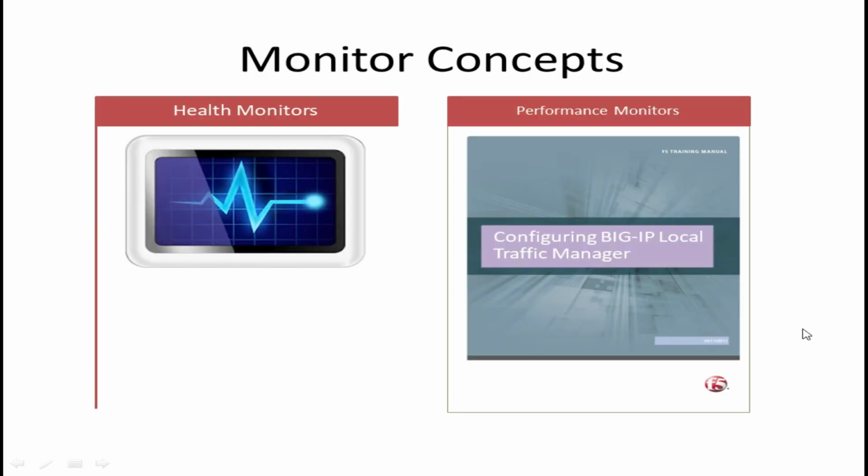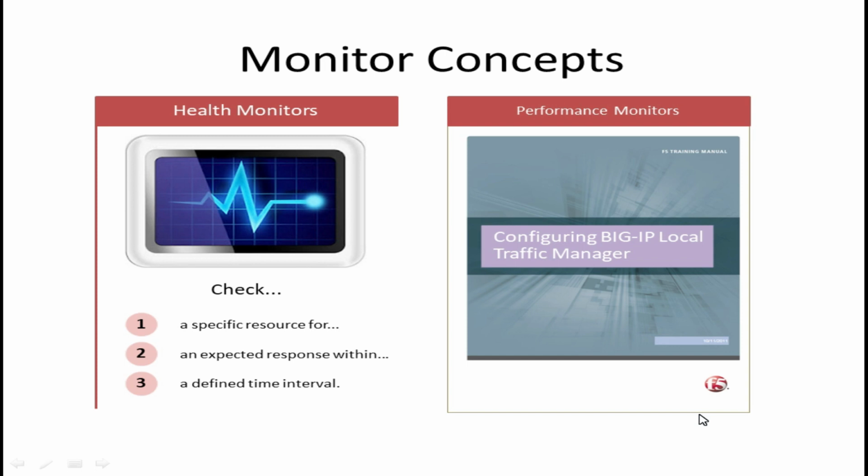If we check the monitor concept in a nutshell, we can say it will check a specific resource to see if the expected response arrives within a defined interval of time. If the specified resource does not provide the expected response within the specified time interval, BIG-IP marks the resource as down.